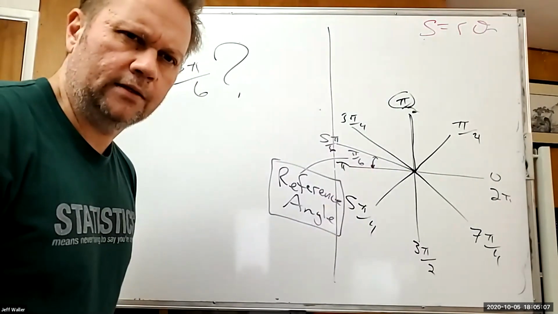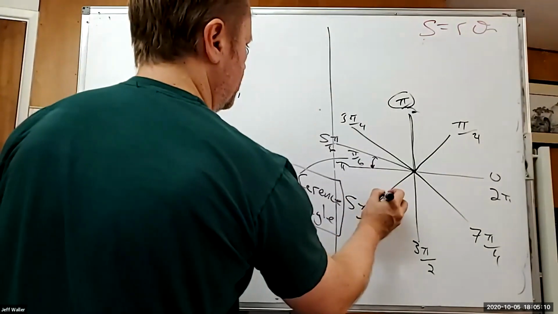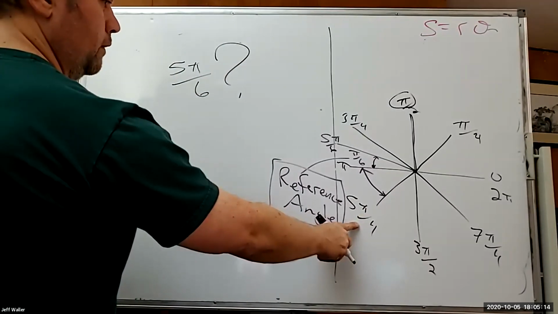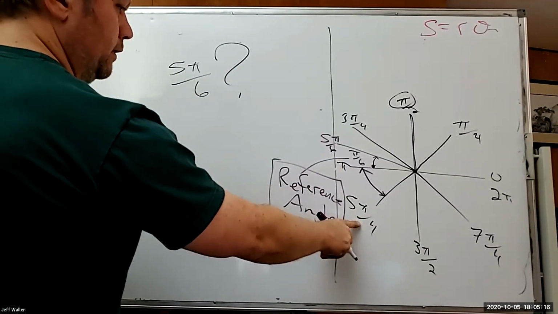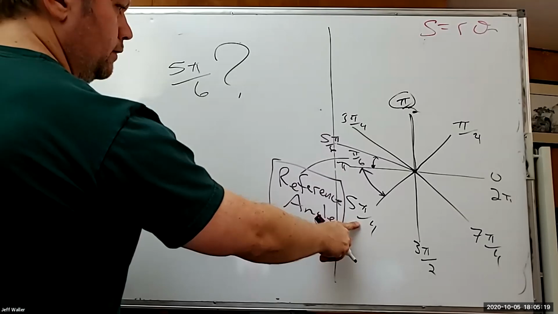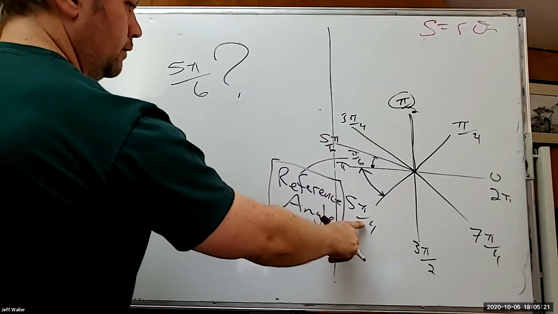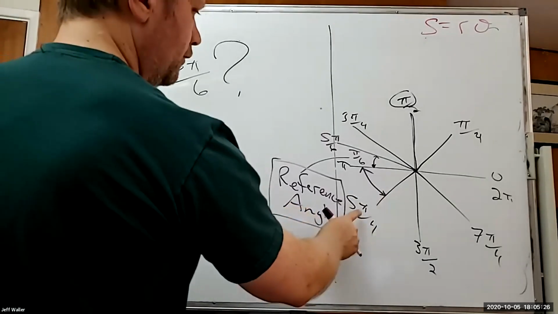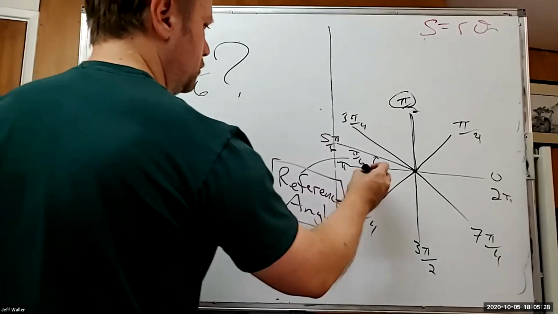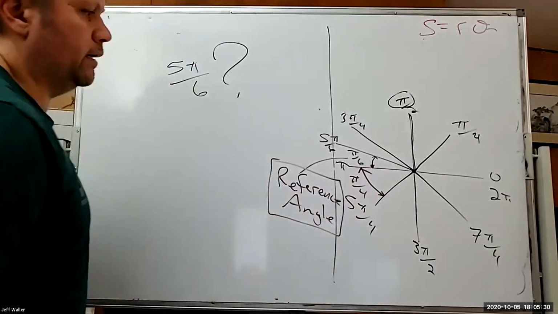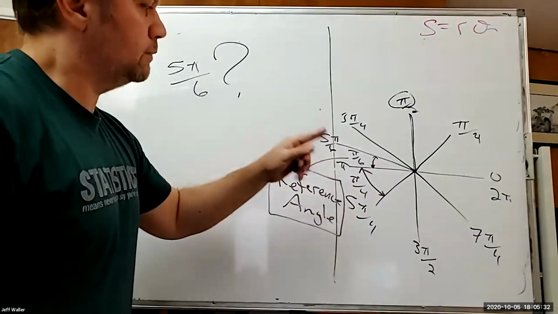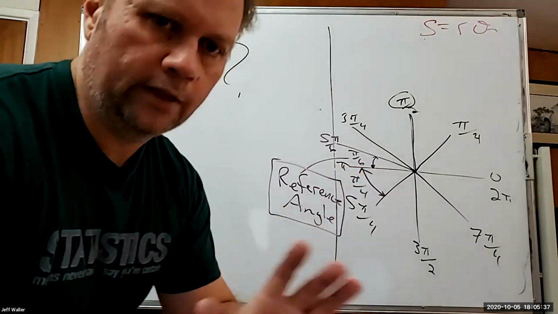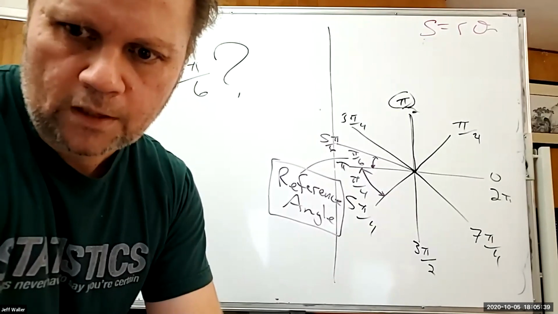Does that make sense? So this guy's reference angle would be what? How much past pi is he? Pi over 4. Yeah, 4 pi over 4 is a whole pi, and that's 5 pi over 4, so it's pi over 4 away. So the reference angle for this angle is pi over 4. Right now, it's just an interesting side note. Later, like I said, it's going to be crazy huge.